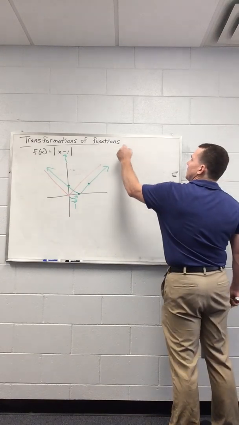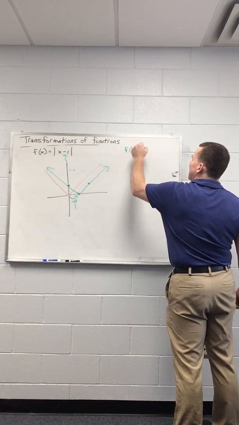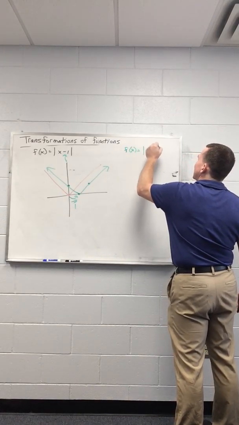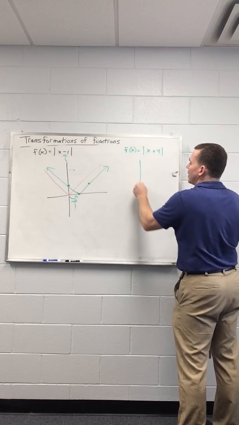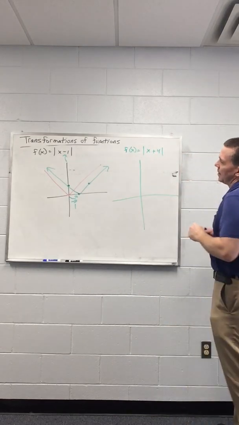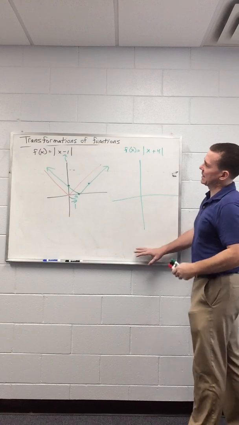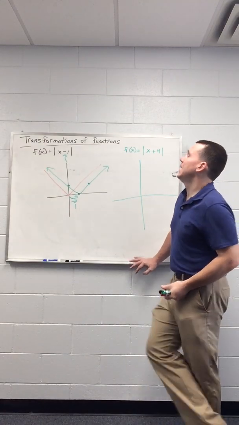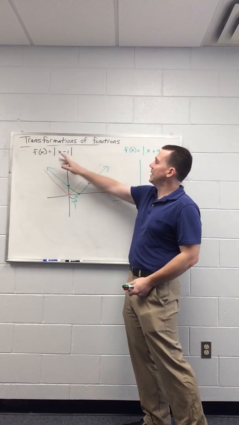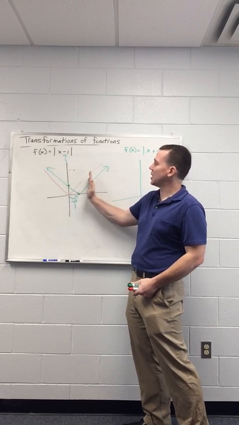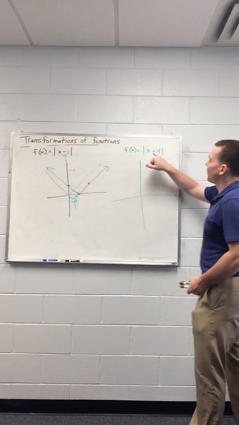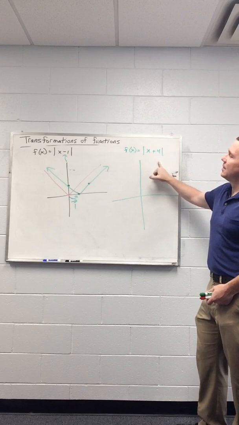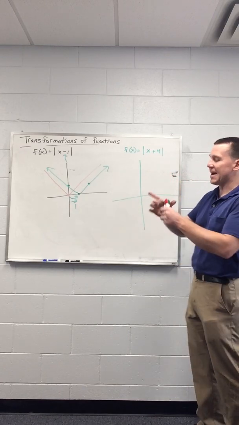So then if we think about it, if I have f of x equals the absolute value of x plus 4, if I assume this is a little bit logical, here, subtracting 1 on the inside moved my graph horizontally to the right. So if I add on the inside, it would seem logical that it would shift me to the left.